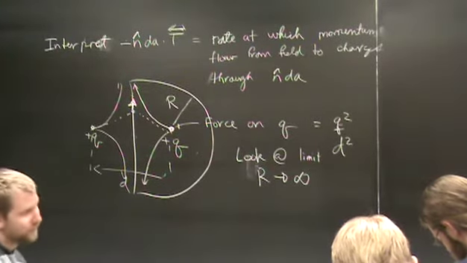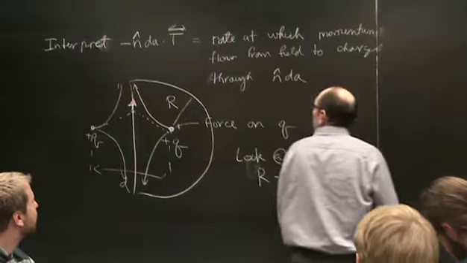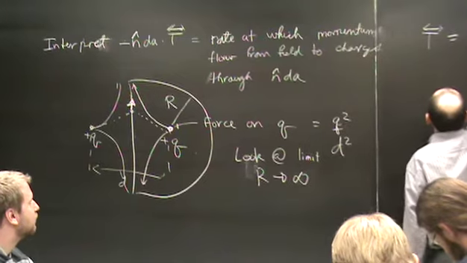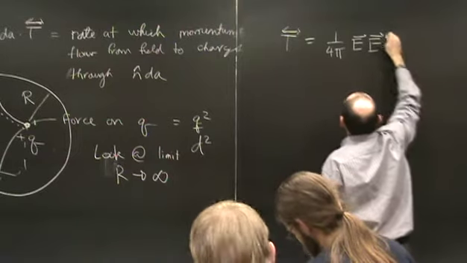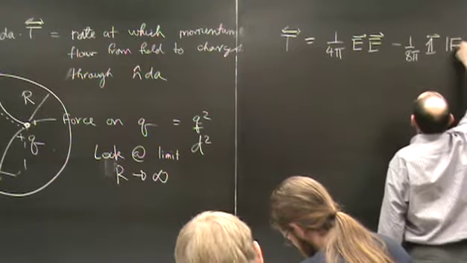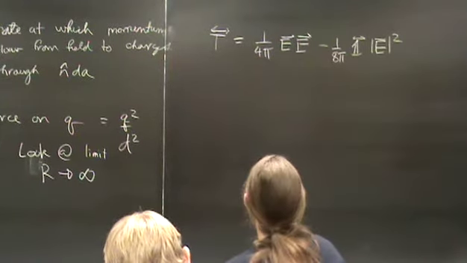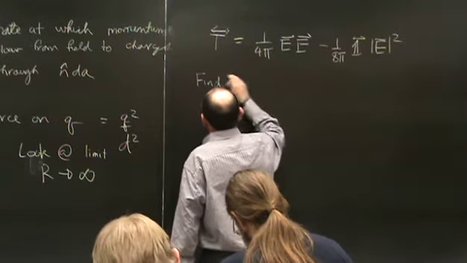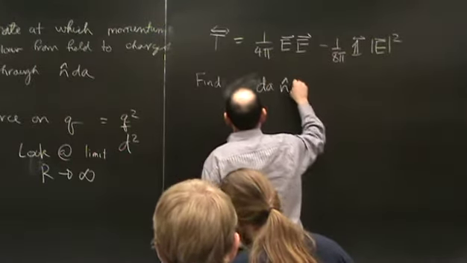All right, so first of all we ask ourselves, what is the stress tensor? Well, the stress tensor is equal to 1 over 4 pi E E minus 1 over 8 pi, the identity tensor, E squared. Okay? So, we need to calculate, first of all, n hat times dA dotted into the tensor.